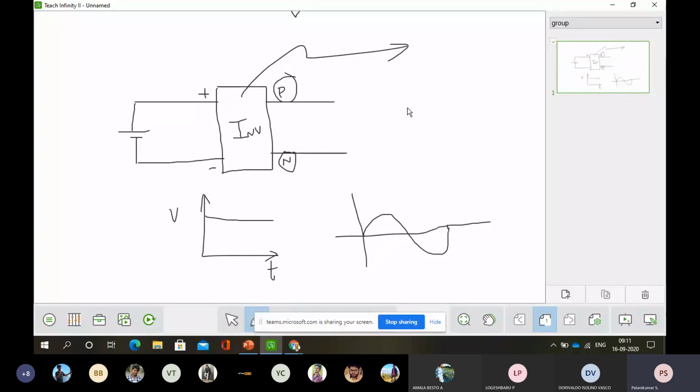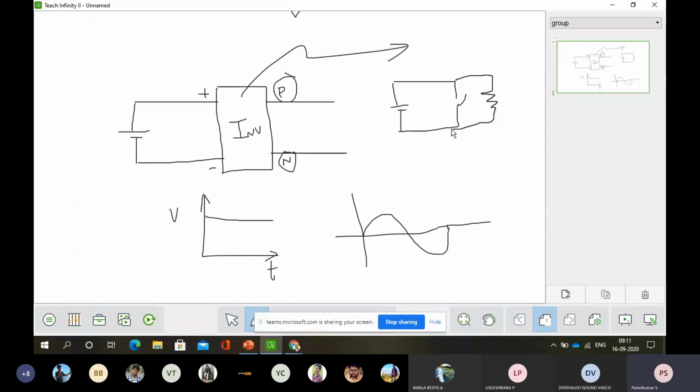The semiconductor switch is similar to any mechanical switch. Say for example, assume I have one supply and one switch, and parallelly one resistor is connected.